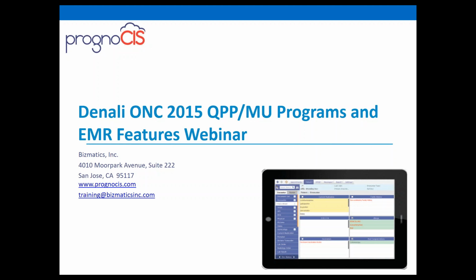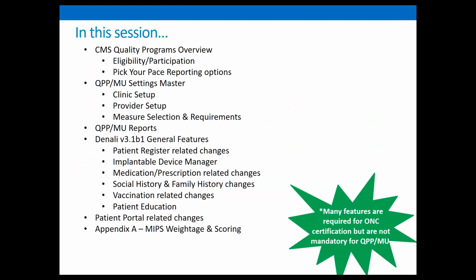That one's been going on now for a little over a month and will actually be ending soon. And then we're going to be picking up with a couple of other feature-related webinars that focus on specifically the measures of compliance and how those are implemented, so you know exactly how the data is getting captured and reported. But this one, again, is kind of a hybrid where we're going to just summarize the requirement from CMS, get into the settings, and then also the general upgrade features.